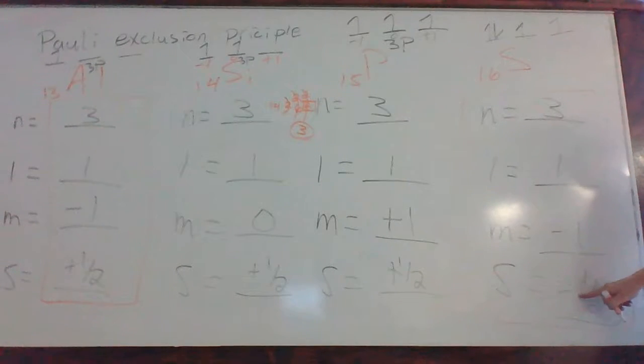It's the spin. So no matter which element you look at, they cannot have the same set of 4 quantum numbers. Pauli exclusion principle. I just wanted to pick something small that we could get through that fairly quickly.